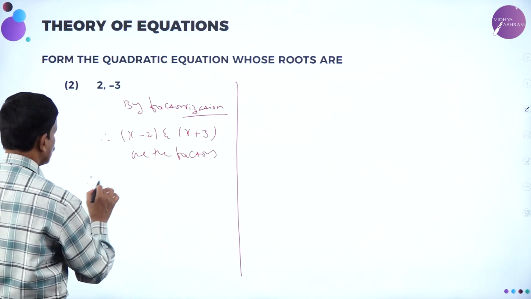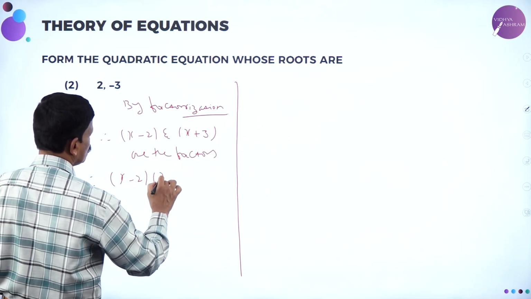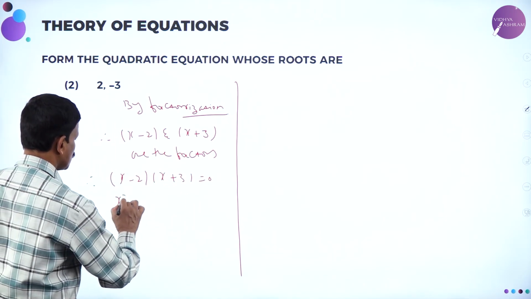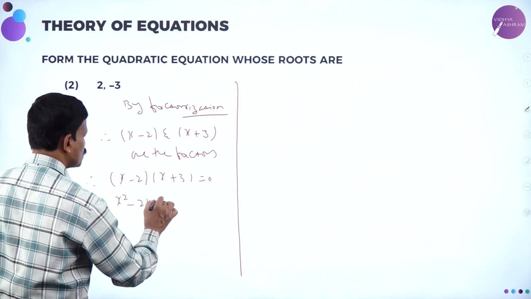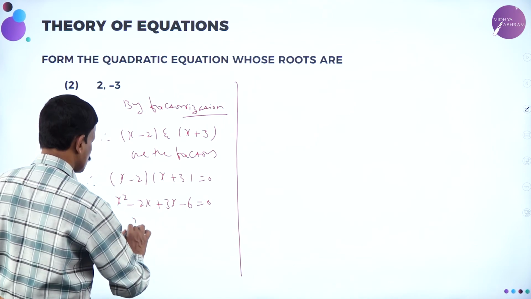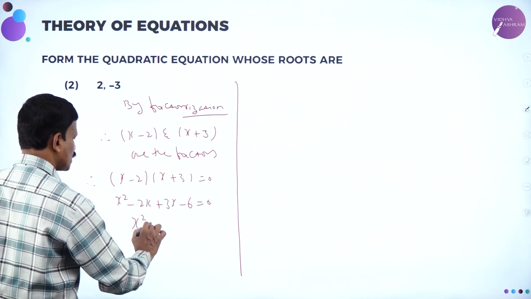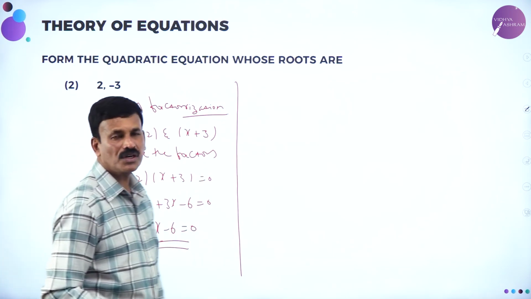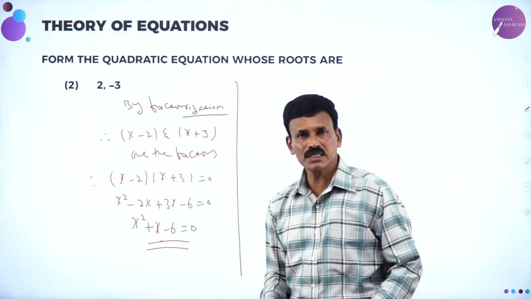So therefore we can write x minus 2 into x plus 3 is equal to 0. Multiply this. X into x is x square, minus 2 into x is minus 2x, plus 3 into x is 3x, minus 3 into 2 is minus 6, is equal to 0. Or x square plus 3x minus 2x is plus x, minus 6 is equal to 0 is the required quadratic equation by factorization method.